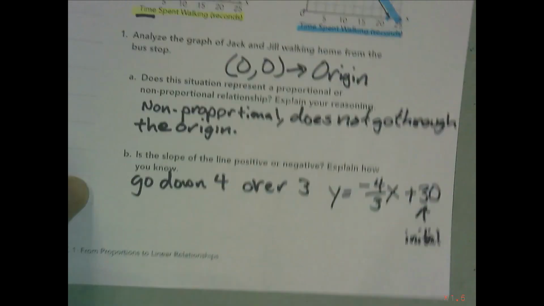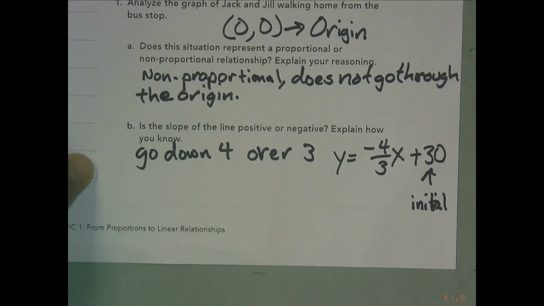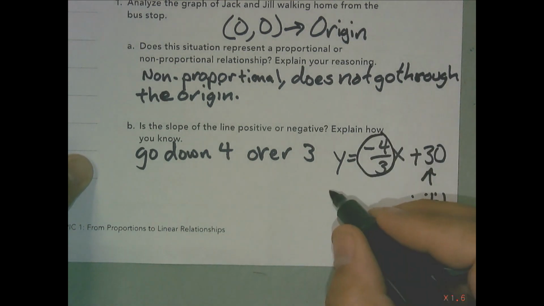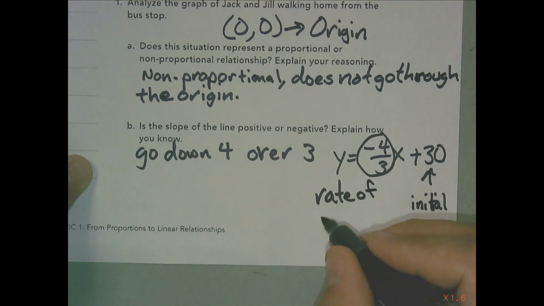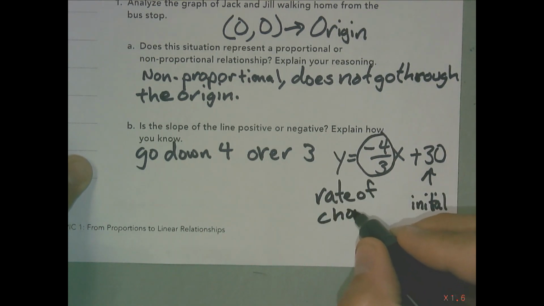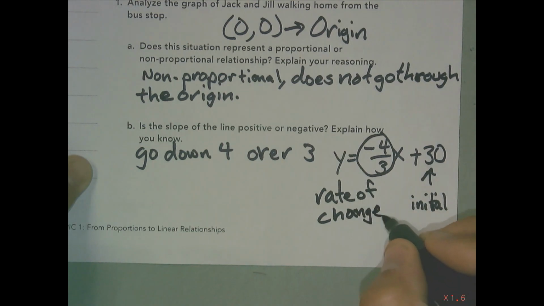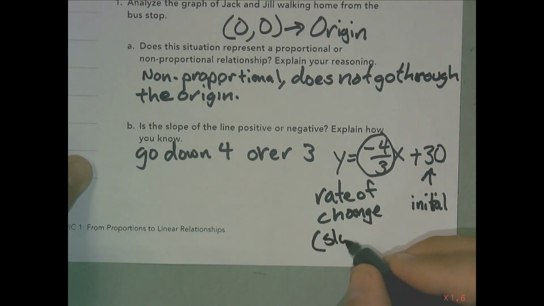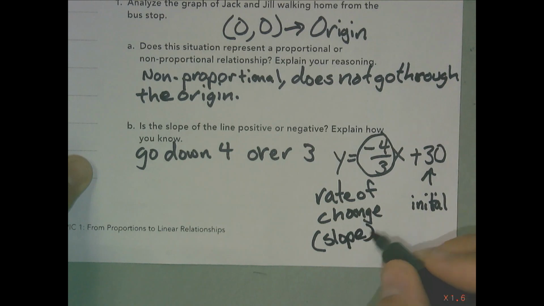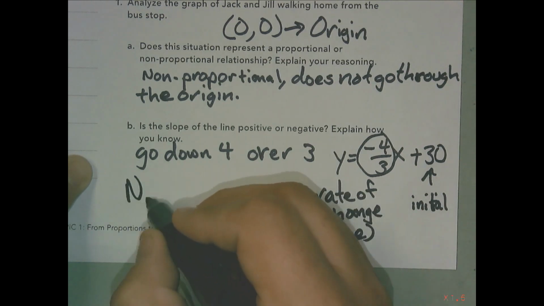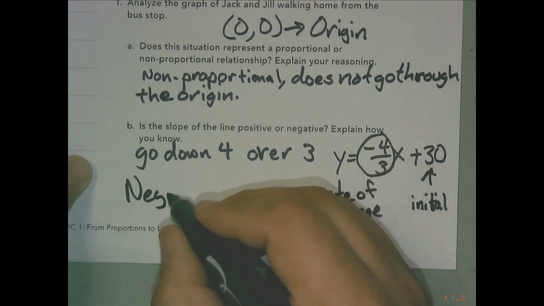I misspelled initial, but that's okay. That's the initial value. This is the rate of change. And we sometimes call that, or you'll begin to call that, slope. So because it has a negative number, then we would say it has a negative slope.